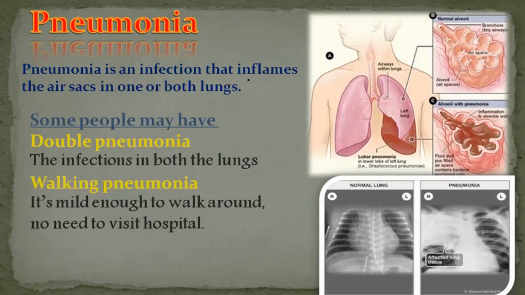So what is pneumonia? It is actually the infection that inflames air sacs in one or both lungs. Actually, what happens here is that, due to some reasons, which we'll talk about in a few minutes, these alveoli, which are called air sacs, and these bronchioles as well, are inflamed, and due to that, more pus is released in these air spaces, and by the inflammation, they are filled with pus.